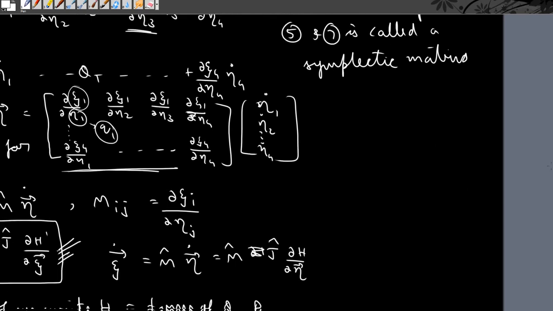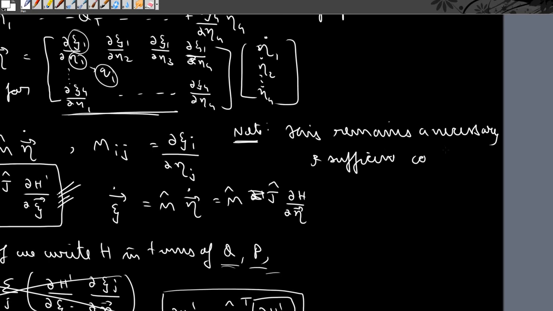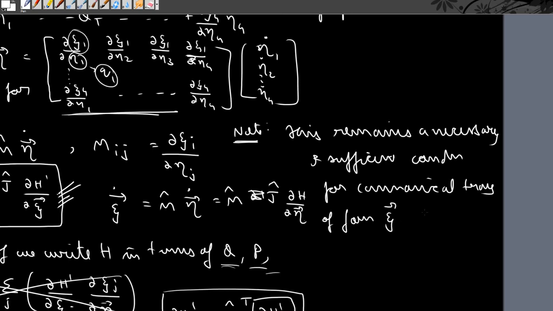Okay, so I will end the video by noting down the following. This condition remains a necessary and sufficient condition for canonical transformations of the form ψ equal to a function of the old coordinates and momenta and time as well.